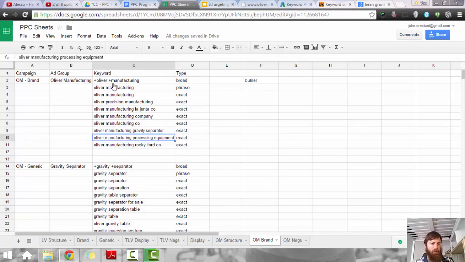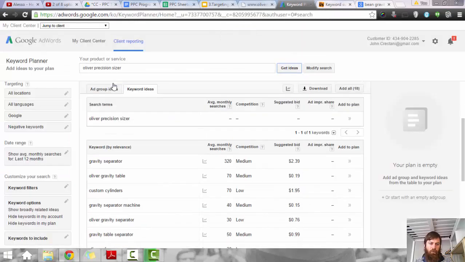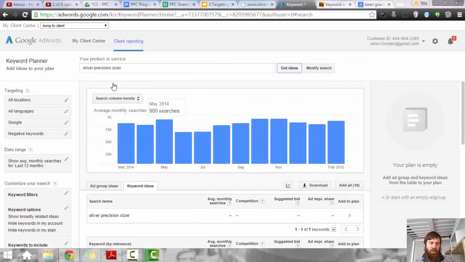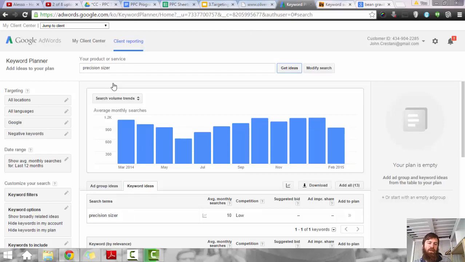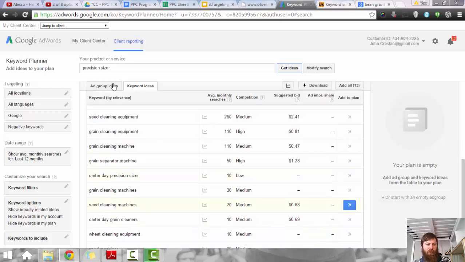Processing equipment, gravity separator. It seems like the gravity separator is the most important product here. I may not understand the way that people purchase these things, but that could be it, because everything seems to be based around separation.